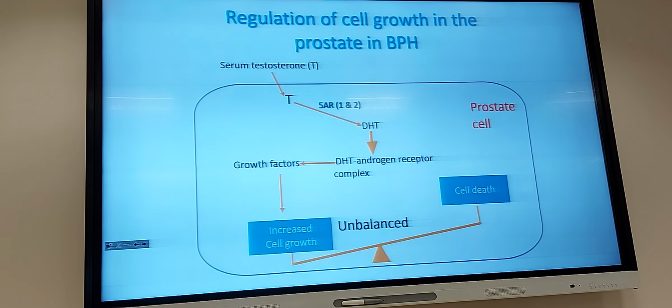Yes. This is the only category of drugs which will prevent or reduce the disease progression, which will reduce the prostate size, and hence it will produce relief in the obstructive symptoms by reducing the prostate size. But obviously it will take time.